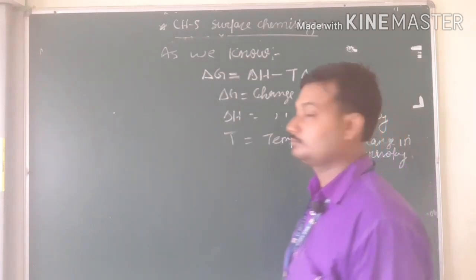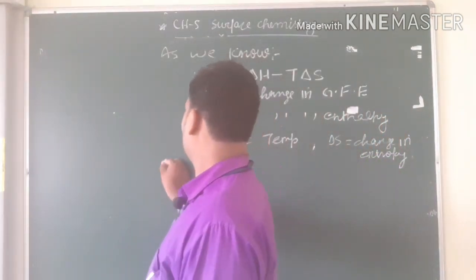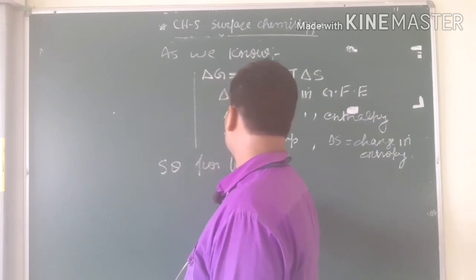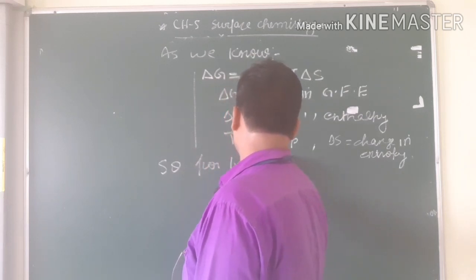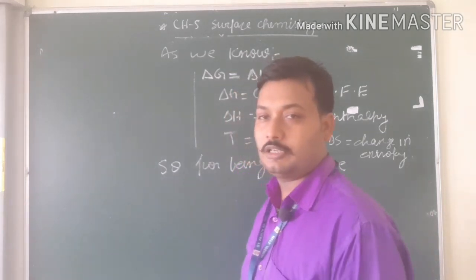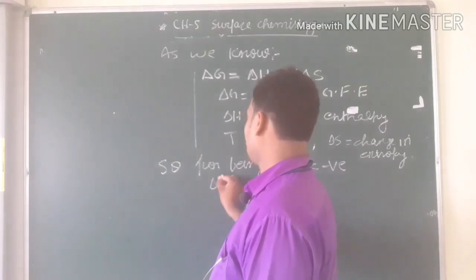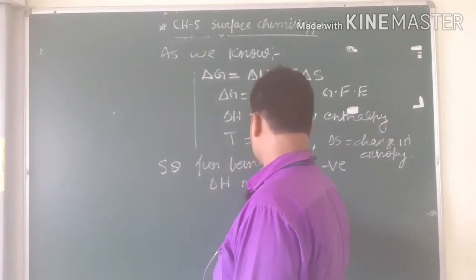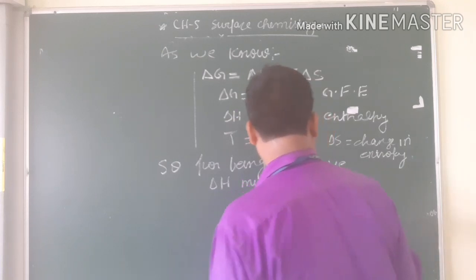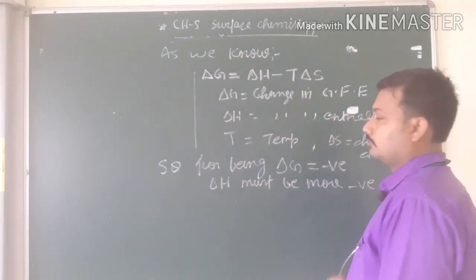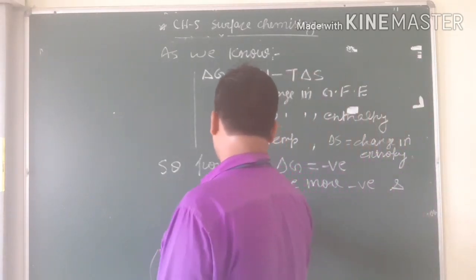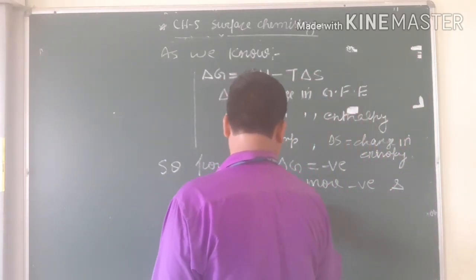So for delta G to be negative, delta H must be more negative, and T delta S is positive.